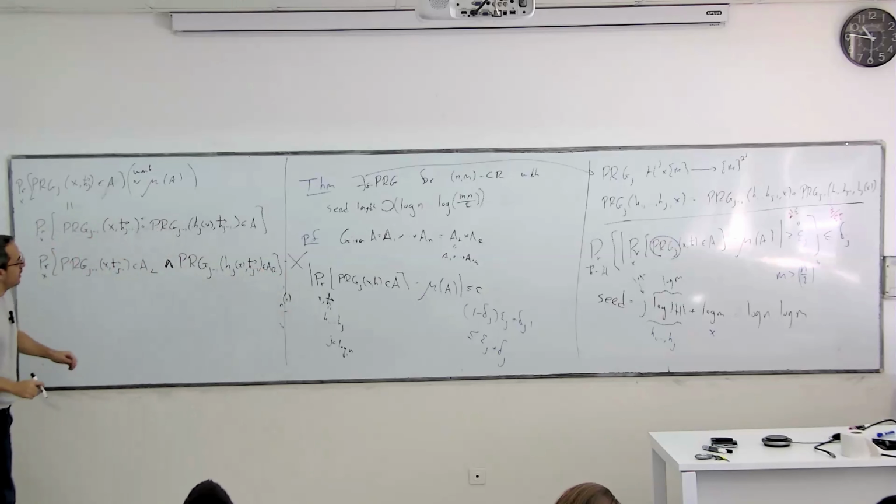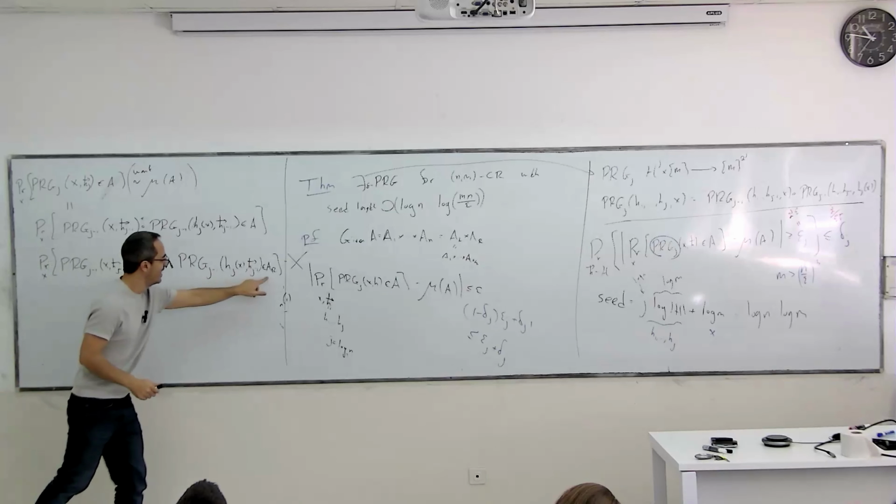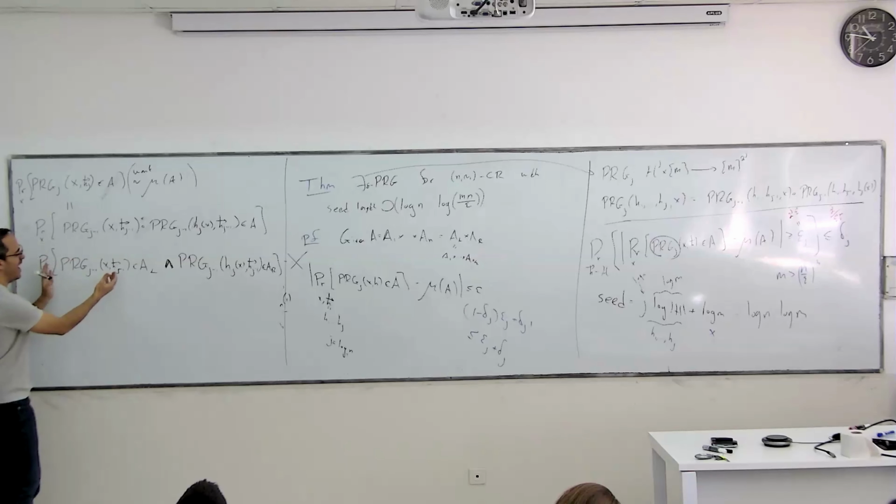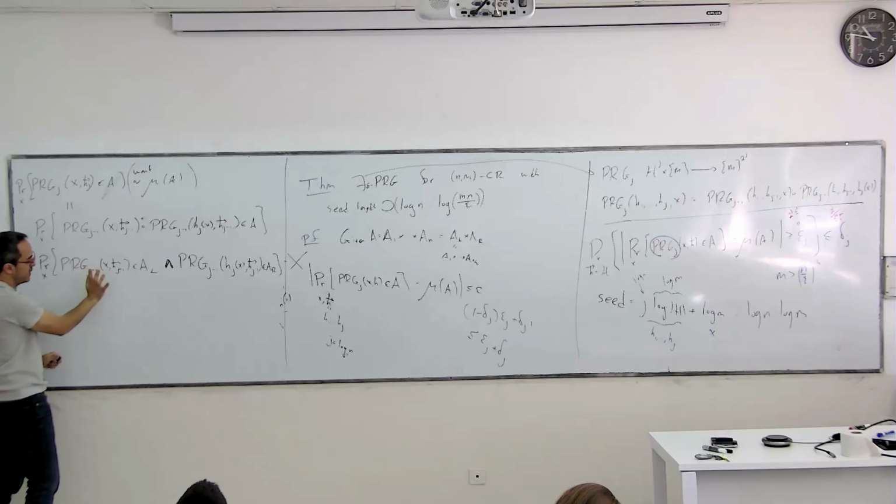Now it looks a bit like the hash mixing lemma. There are two sets, but it's not like you have x's in one set and h of x in the other. You have x sitting here, and you have a function applied to that. Hj minus 1 is fixed, so it's some function.